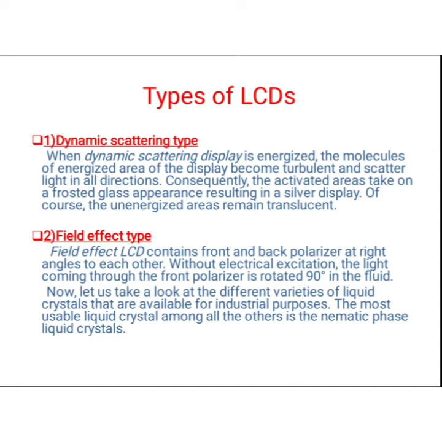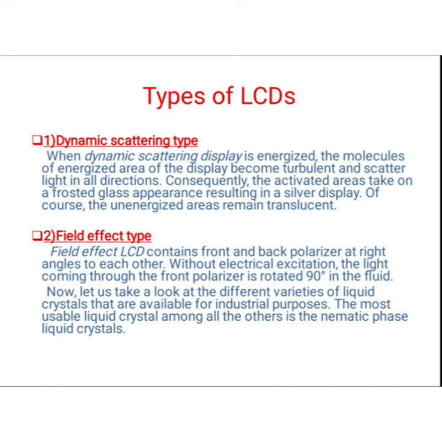This allows light to pass through the optical fiber placed between them, and thus the cell appears brighter. When the cell is energized, no twist of light takes place and the cell appears dull.